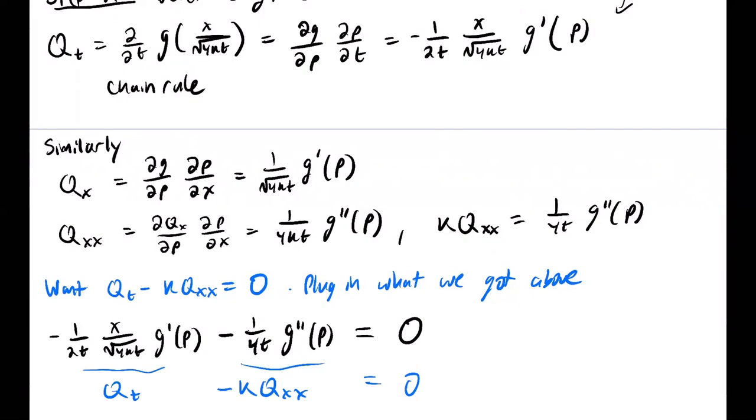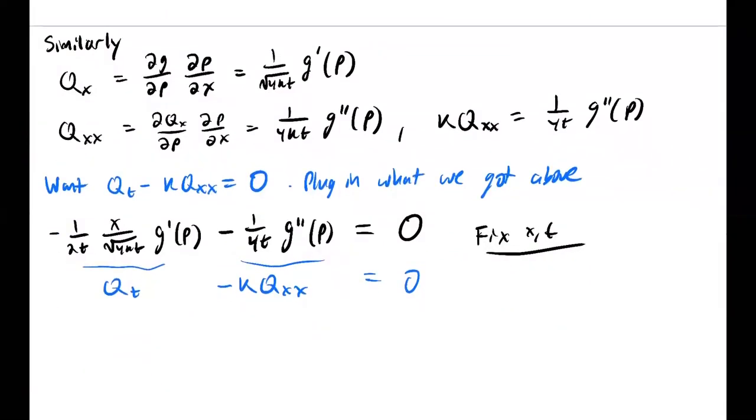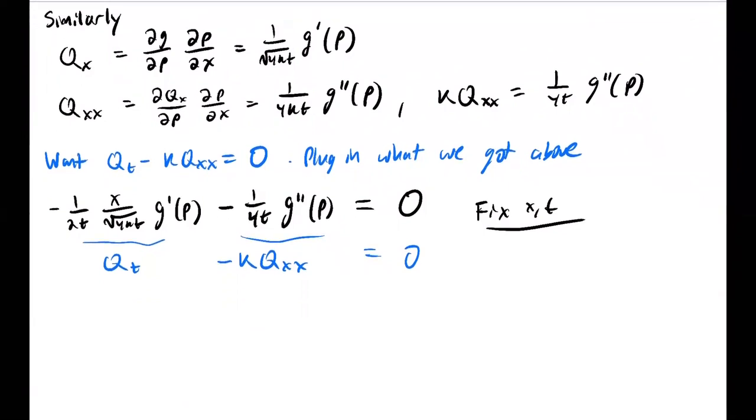Okay, well, what is this? Well, let's pretend that x and t are fixed. Imagine that they've been fixed and imagine they're constants. Well, this is just a second order ordinary differential equation in terms of the g's. And in particular, let me clear the coefficients of the second order derivative. So let me multiply everything by negative 4t.